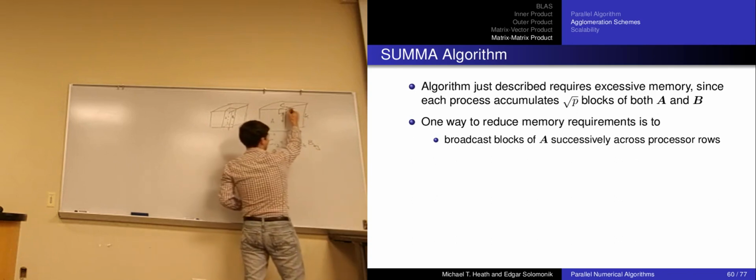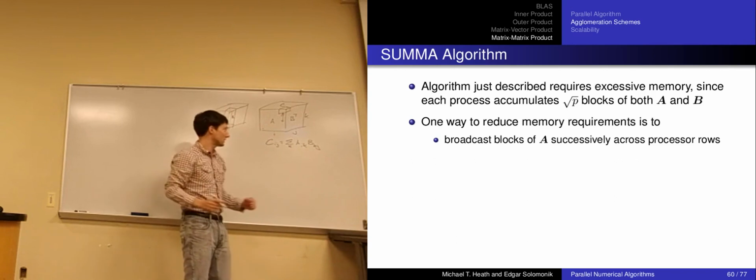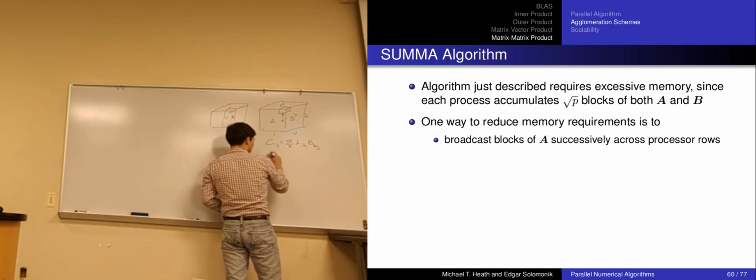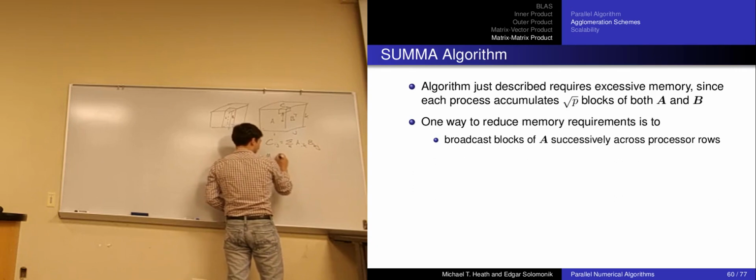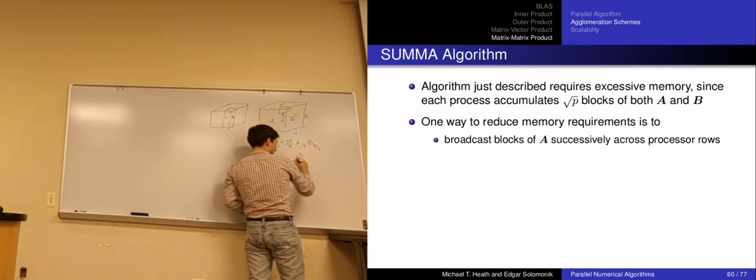But if we just analyze naively what these algorithms do and assume that all the computation is happening all at once, then here essentially the memory usage for a problem of size n will be proportional to the volume of the block.